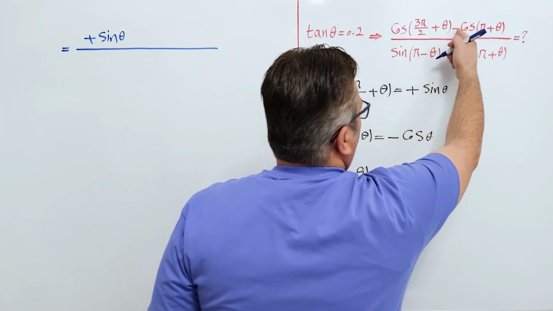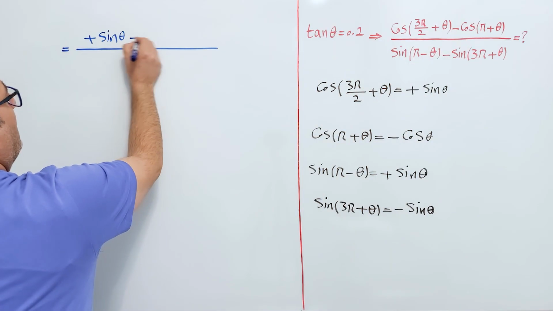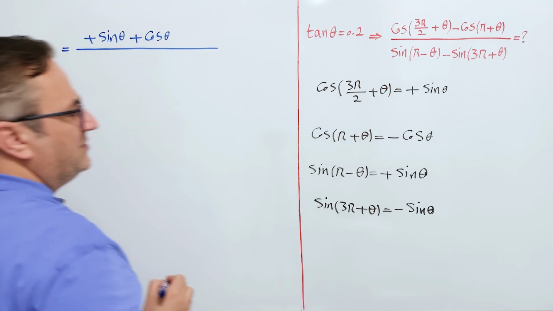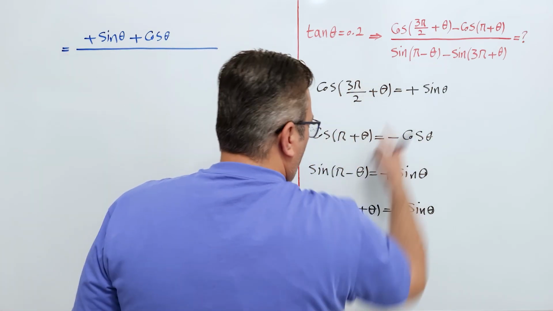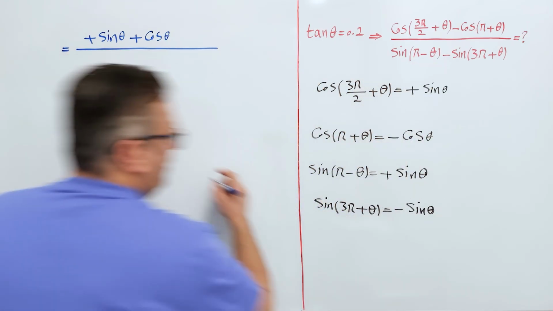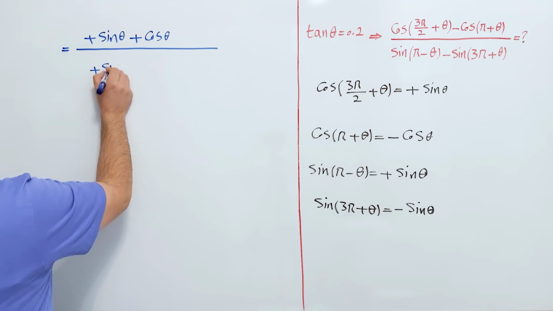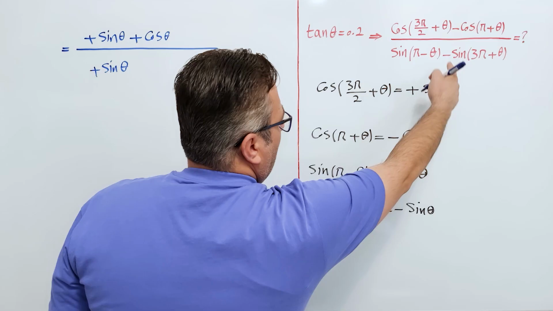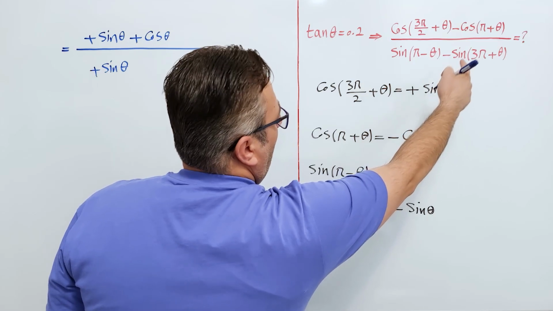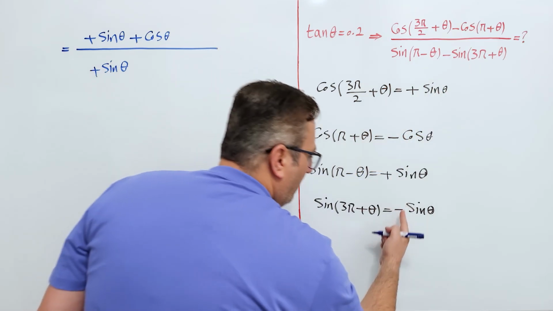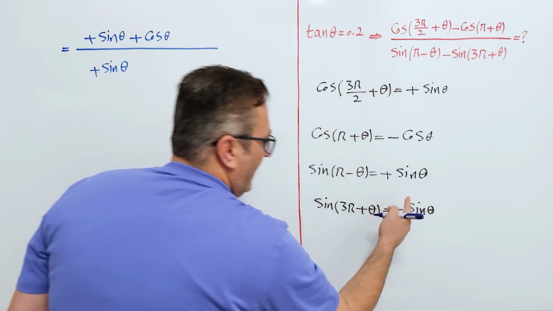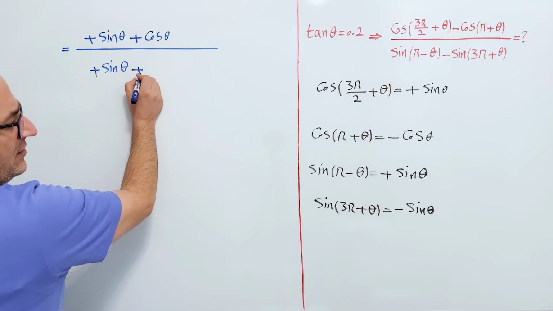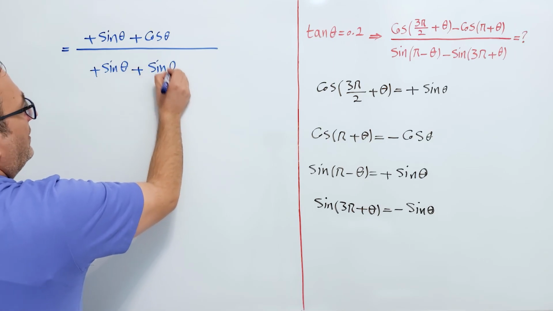Minus and minus is plus cosine of theta, divided by sine of pi minus theta, which is equal to plus sine of theta, and finally minus sine of 3 pi plus theta is equal to minus sine of theta, and minus times minus is equal to plus sine of theta.